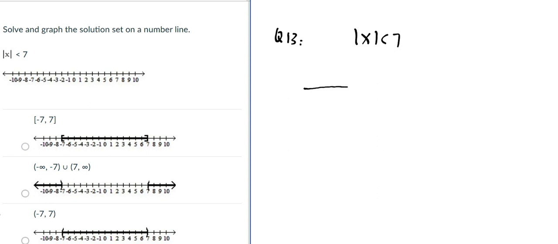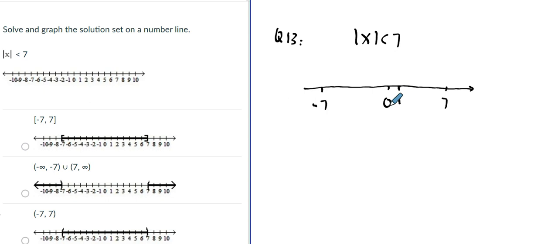Well, absolute value stands for distance of a number between origin and that number. If it's 7 here, negative 7 should be here. Then we know the distance, for example, 1 is here.